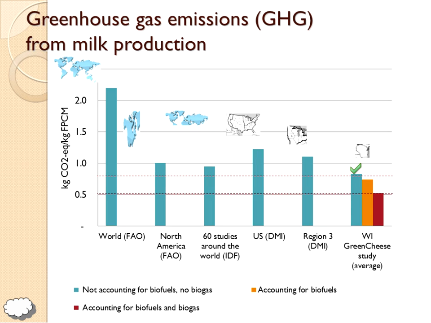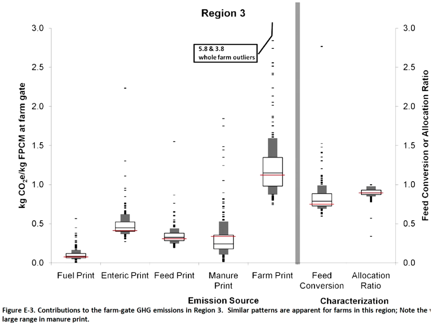So even our best managed farms are better than the national average. And the farms that use the advanced technologies of distillers grains and digesters are considerably better. You have about half the carbon footprint of the national average, and considerably less than other parts of the world as well.